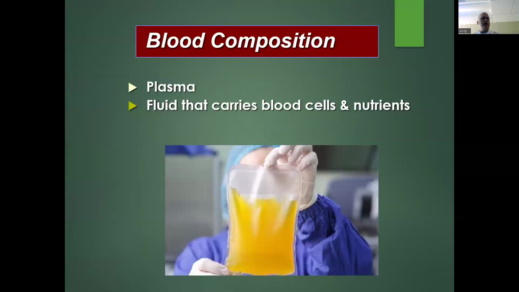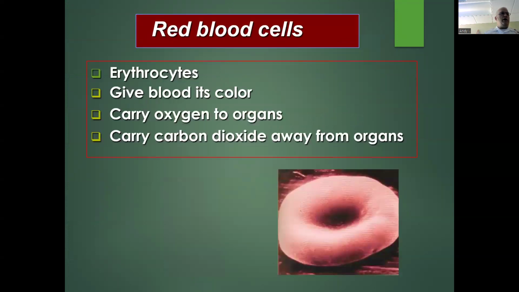So blood composition: inside the plasma, as you see in the bag there, that's the color. The fluid that carries, that's the transport system to carry the blood cells and those nutrients in the body. And the red blood cells, those are called erythrocytes, if you want to get technical. These give the blood its color, that red color.